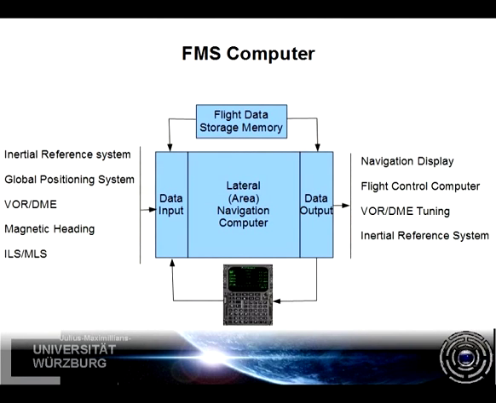The flight management system, amongst other things, manages the lateral navigation of modern aircraft. The current position is updated via GPS data from the GPS system and all available VOR and DME stations. Additional navigational information is provided by the compass system and ILS receivers.